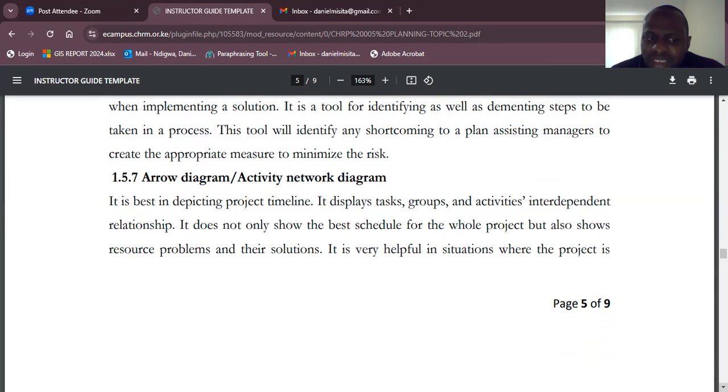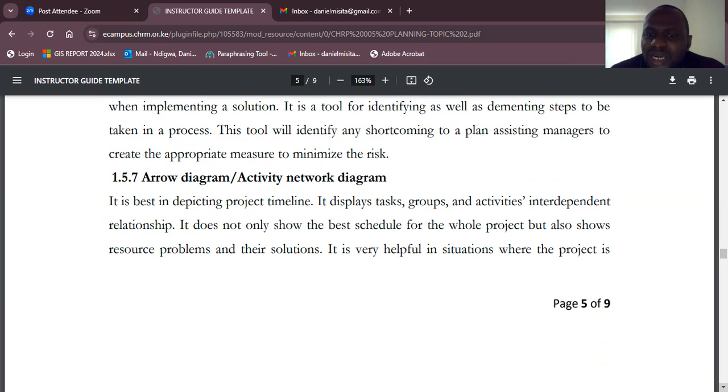Then you also have the other one, which is called the arrow diagram or the activity network diagram. This is very common, particularly when you're doing projects or when you want to allocate resources for a particular problem or activity or even a project, so that you exactly know the timelines it is going to take. For example, you might have a project that you want to complete in December, and you start the project today.